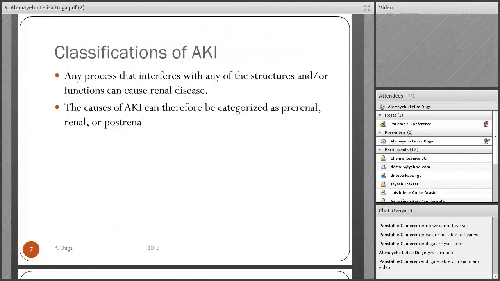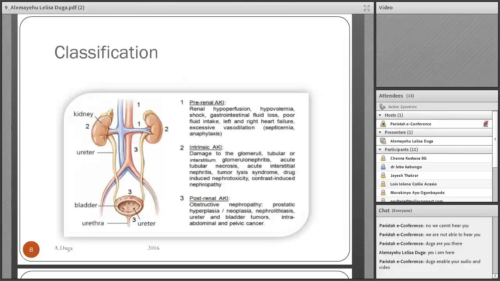So classification of acute kidney injury, it can be classified into three different major causes: pre-renal, renal, and post-renal, which I can put in this way on this picture. So pre-renal acute kidney injury is due to renal hypoperfusion, that is low blood flow toward the renal artery.